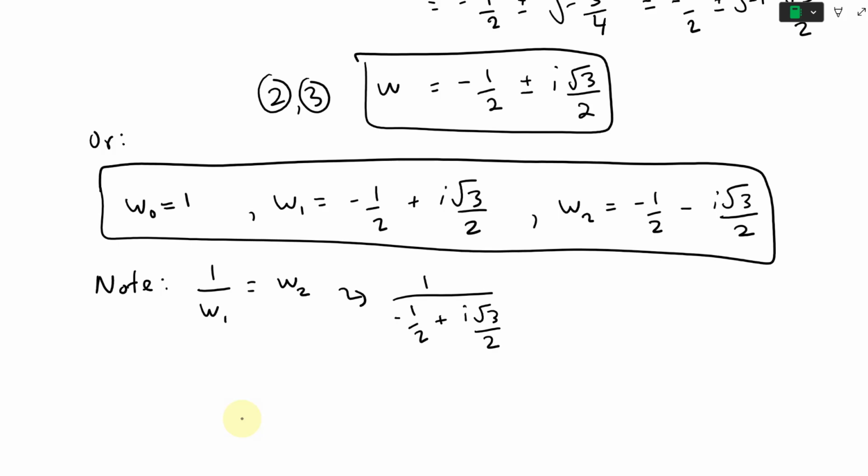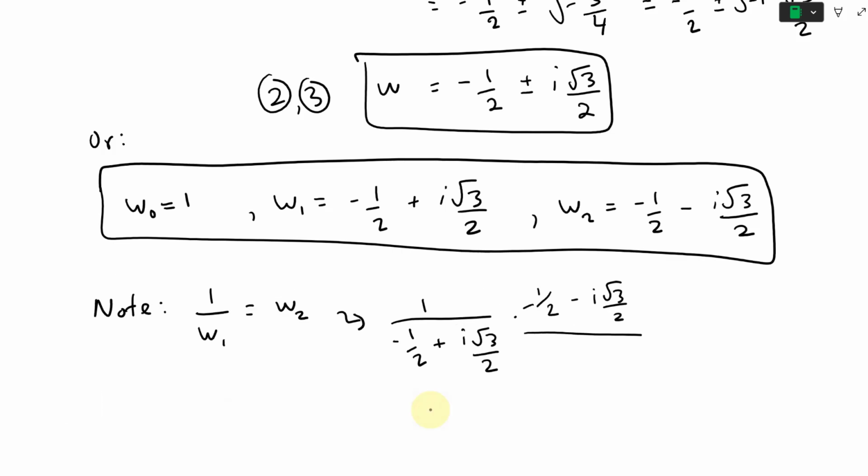Now what we're going to do is multiply the top and bottom by the conjugate, negative 1 over 2 minus i square root 3 over 2. I'll move this down. So that's what we have there, divided by negative 1 over 2 minus i square root 3 over 2.